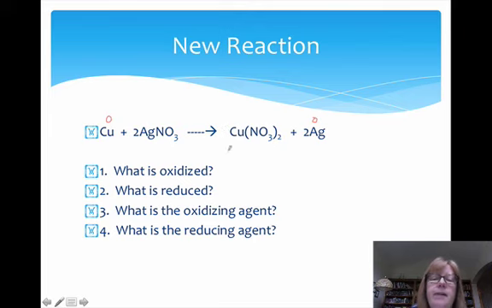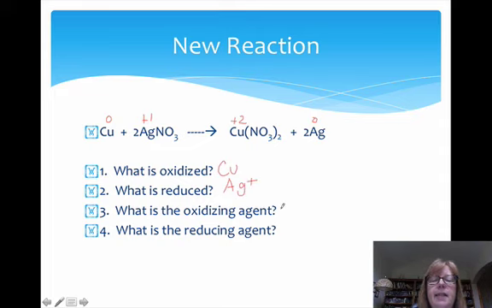Metals are positive. They lose electrons. So from 0 to +2 here. Silver is always +1. It's going from +1 to 0. So what is oxidized? Did you say copper? What is reduced? Did you say the silver +1 ion?